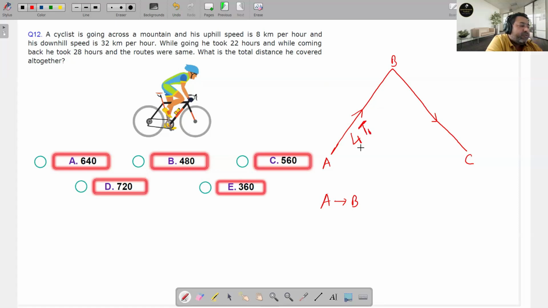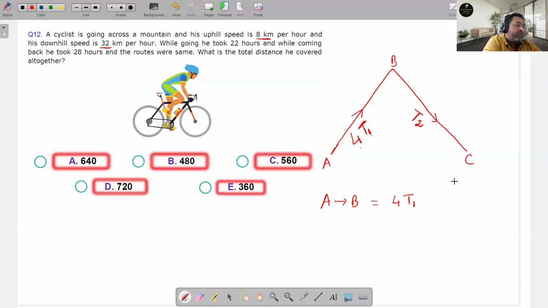The reason I'm using 4 times t1 is because the speeds ratio is 4:1. And while coming down, let's say the time taken here is t2. So A to B, the time taken is 4 times t1.